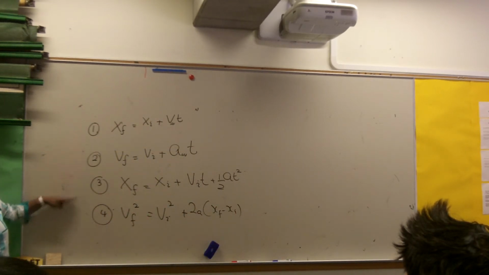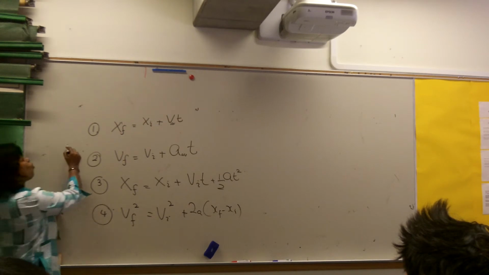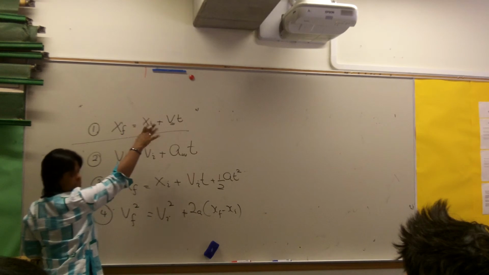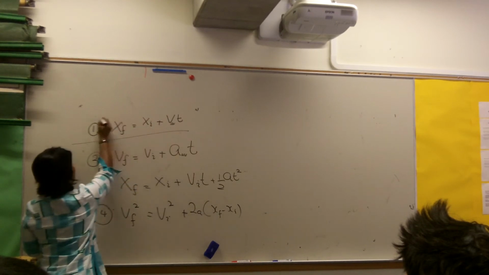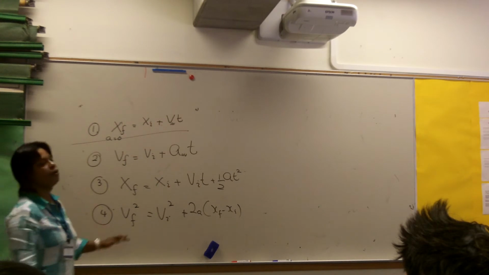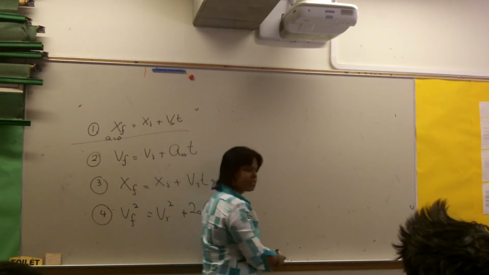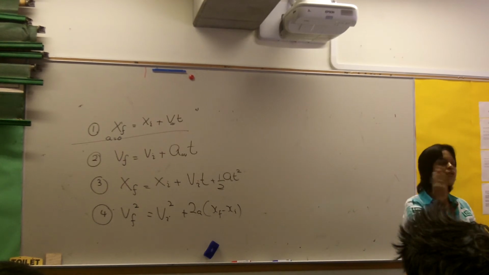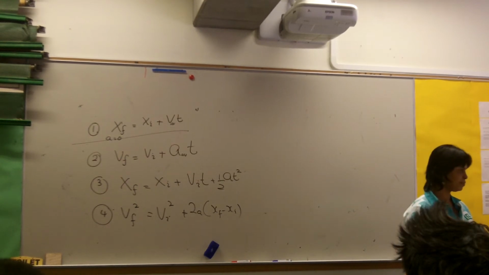So these are the main equations we learned, but this is the only one that is applicable when there is no acceleration, when the acceleration is zero. Is that clear? Now, we are going to use all these equations, but our velocity is not in the direction it's moving.